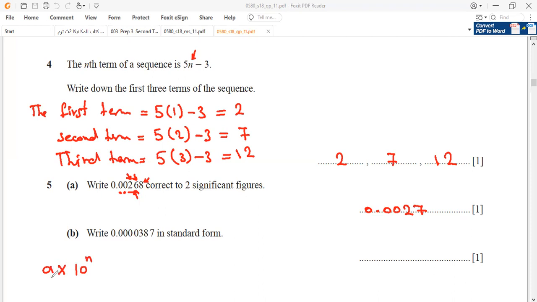But we have a condition here: this number A must be greater than or equal to 1 and smaller than 10. So if we move this decimal point to put it here between 3 and 8, we will have the number 3.87.